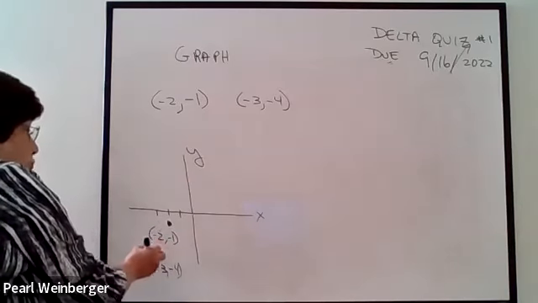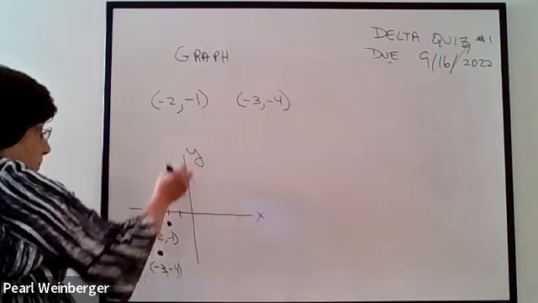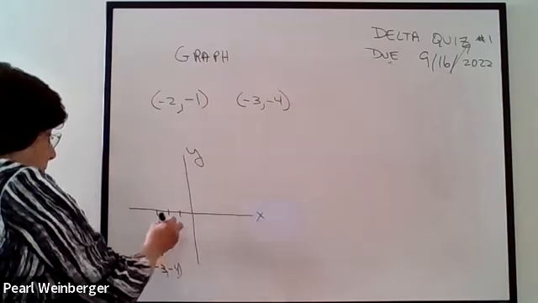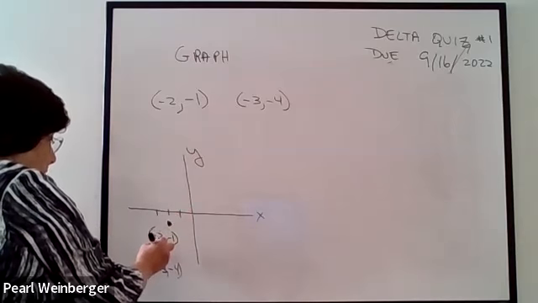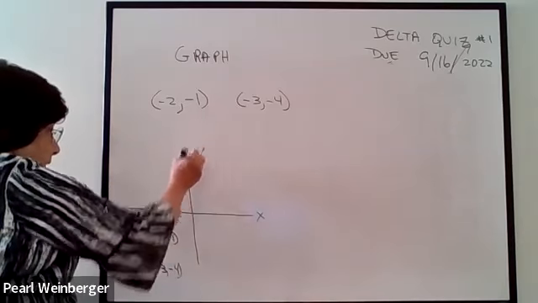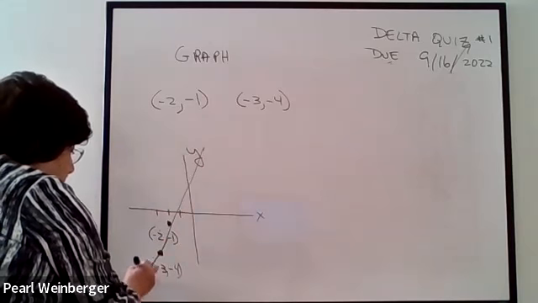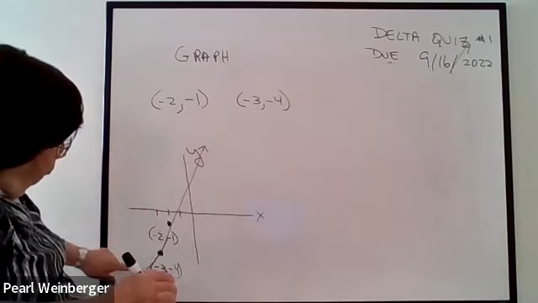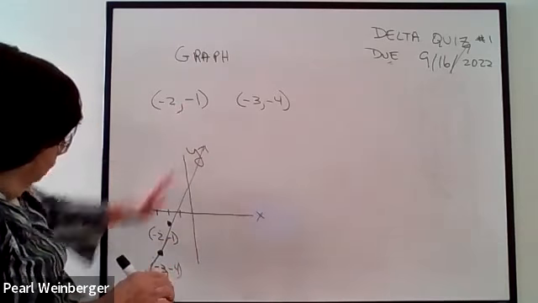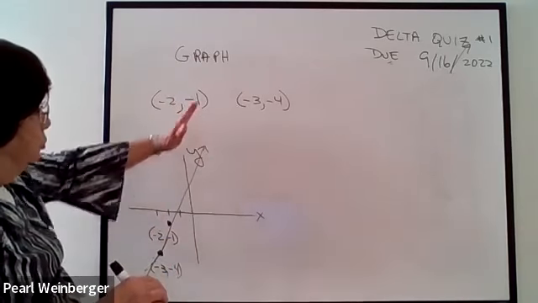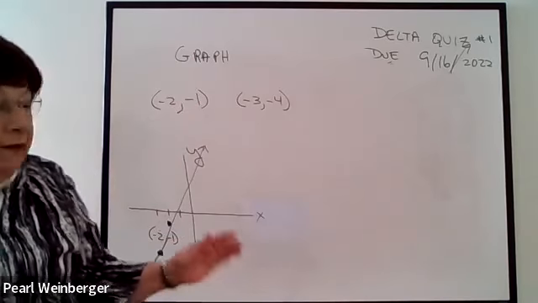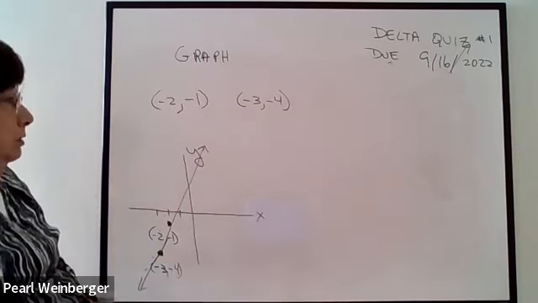And if I were to join these 2 points, I hope I'm drawing this well, I would get a line that looks approximately like this. Remember, 2 points will give you the line, but you have to go further and further. They're just 2 of the points. There are millions of points on this line. We have 2 of the points.